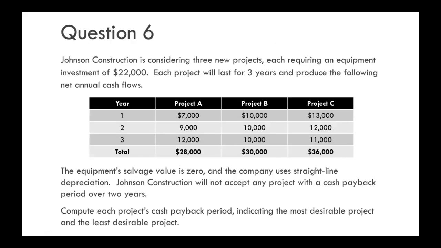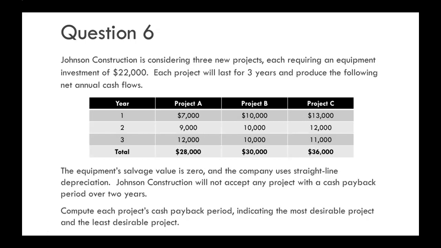So now our last question here. Question number 6. Says Johnson Construction is considering 3 new projects, each requiring an equipment investment of $22,000. Each project will last for 3 years and produce the following net annual cash flows.